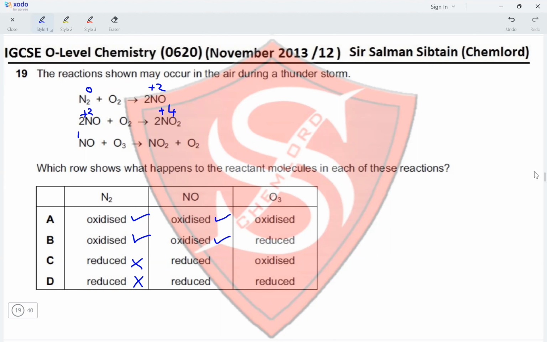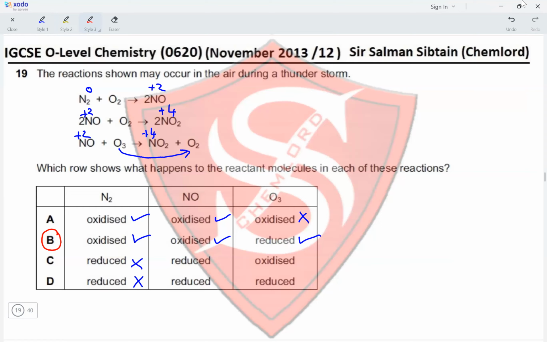So nitrogen is going from +2 to +4. Nitrogen is being oxidized, and O3 is going to O2. So there is loss of oxygen. Loss of oxygen means that O3 has been reduced to O2. So this eliminates option A and makes option B the correct option for this question.